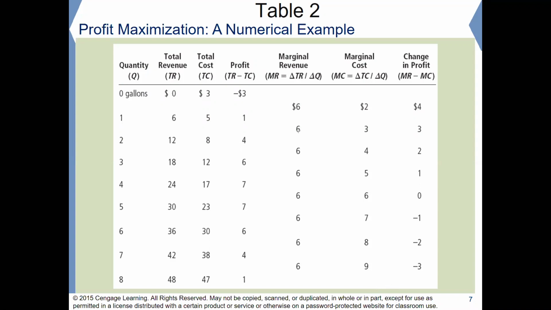Now in here we see that if it's producing 1, marginal revenue from 0 to 1 is equal to 6, and marginal cost is 2.